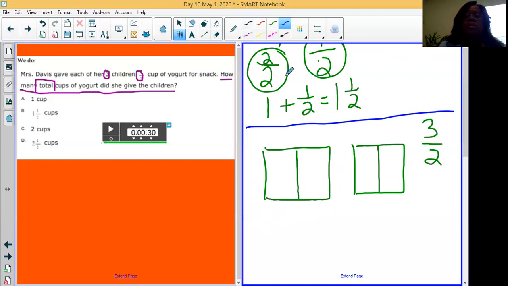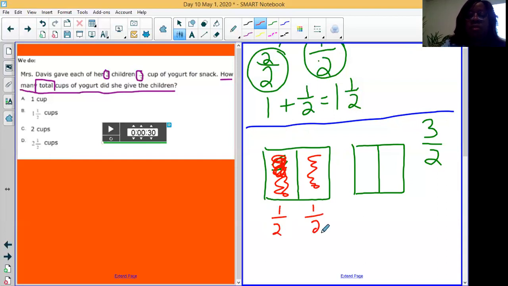So I'm going to color in 3/2. There's 1/2 colored in. Here's another half. Here's another half. And then I'm going to color that in. Okay? So there's my 3/2.